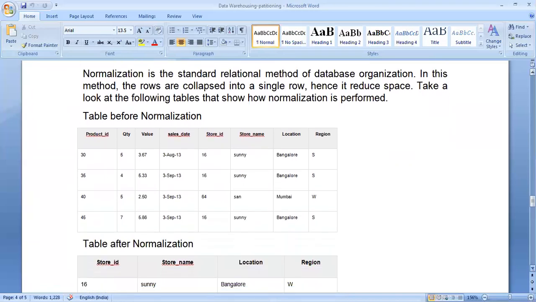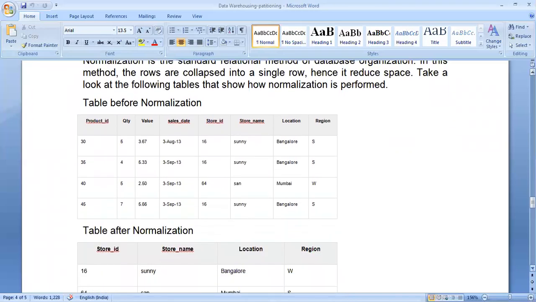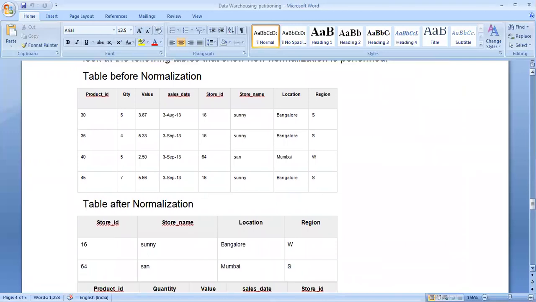For example, in the given table there are 4 entries, and 3 of these entries have the store ID 16. The same information related to store ID 16, like store name Sunny and location, is repeated 3 times. So for removing redundancy, we merge all these 3 into a single entry: 16, Sunny, Bangalore, and region South.